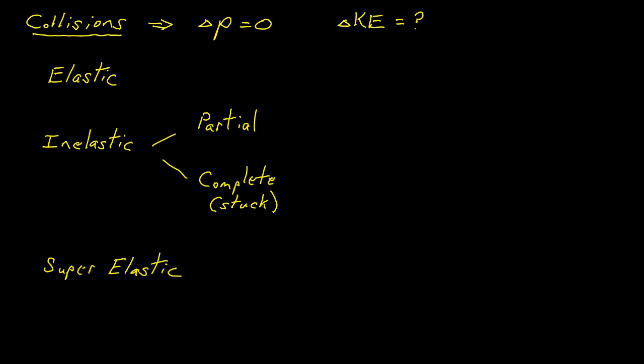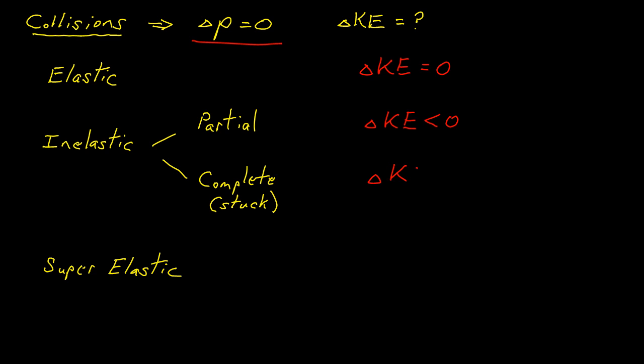Okay, now let's look at the kinetic energy change for each of these types of collisions. Momentum is still conserved, but for elastic collisions, we also have conservation of kinetic energy. It doesn't change. But in the inelastic collisions, we lose energy. Kinetic energy is lost, change less than 0.